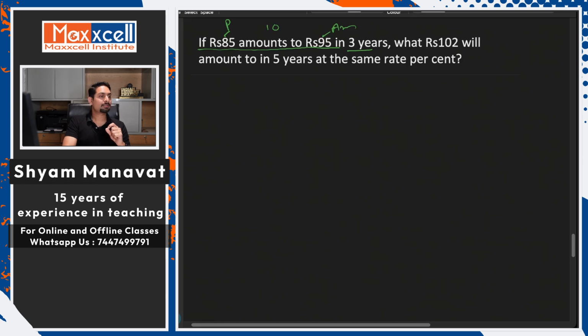Now the question said what rupees 102 will amount to in 5 years at the same rate of interest. So our first challenge is to find out the rate of interest in this first condition. Let's do it. To find out the rate of interest, I will apply which formula?